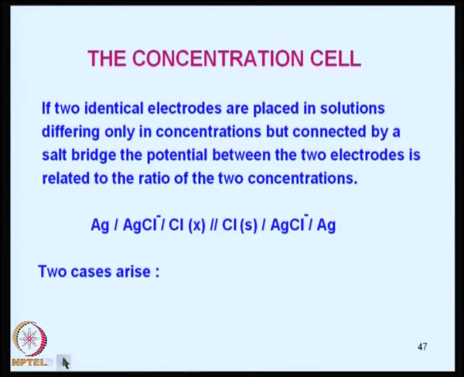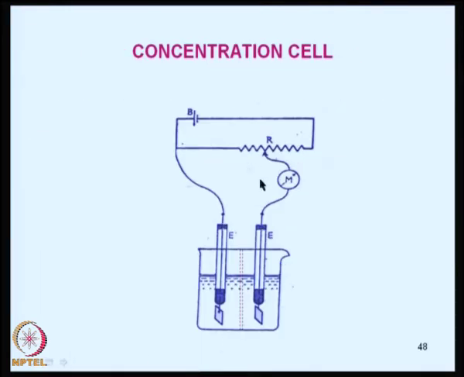This is how the arrangement goes: I have a chloride concentration here separated by a salt bridge, that means there is no direct contact of the ions except through the salt bridge, and then I have another electrode connected to a resistor and the power supply. So, this is the cell I am defining now.